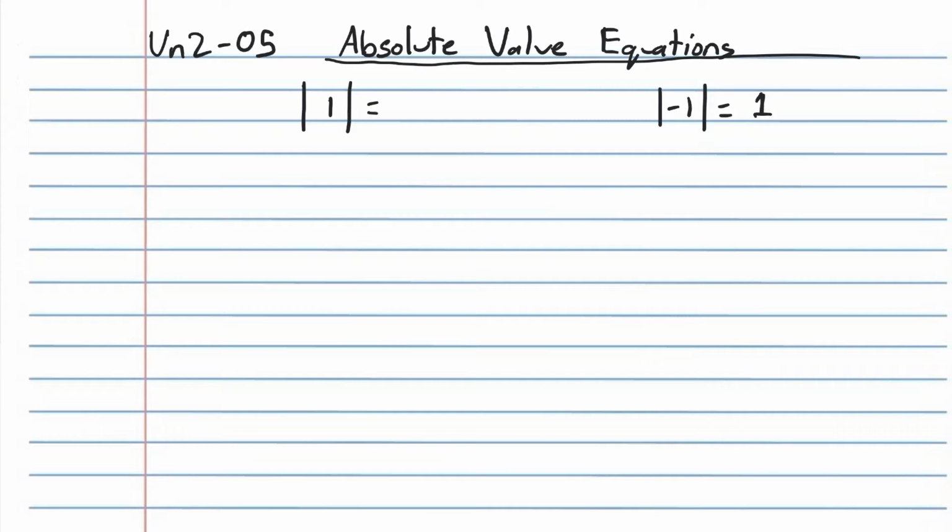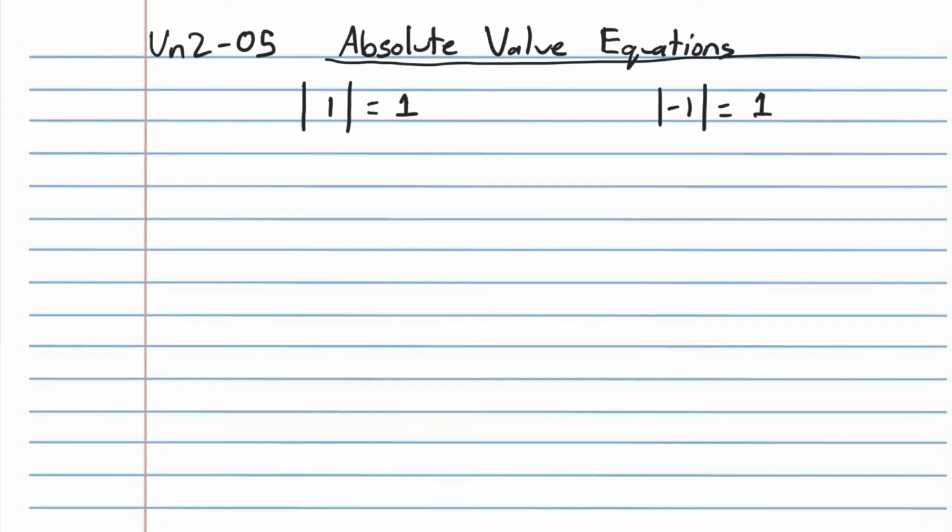But keep in mind, absolute value means how far a number is from 0. So it doesn't mean we're just switching signs. The absolute value of +1 is still a distance of 1 away from 0, so the absolute value of 1 is still 1. You can think of it as whatever's inside those bars, we make positive.